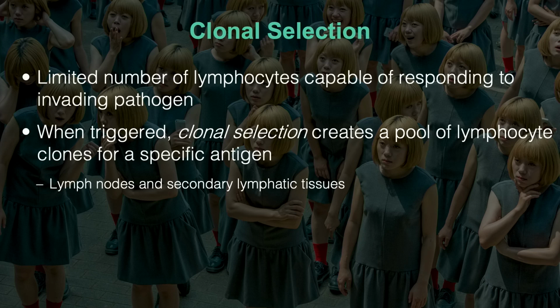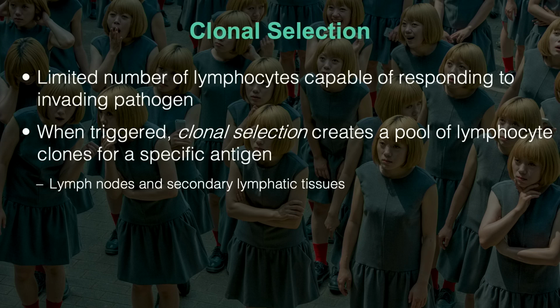We want a large response, and we achieve that through the process of clonal selection. We make a large pool of lymphocytes. They divide and divide, an equally large number of memory cells and active cells. But having that large number of lymphocytes allows for a large immune response.